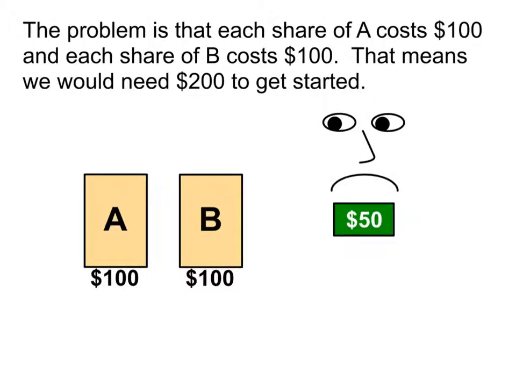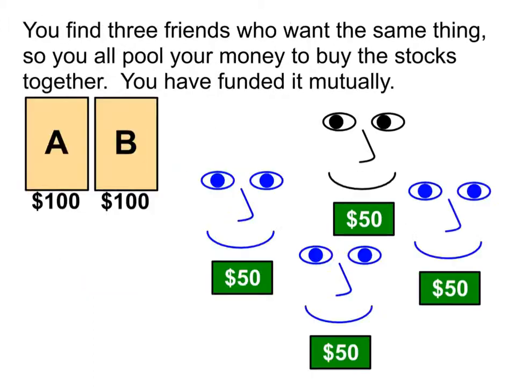The problem, though, is that stock A and stock B each cost $100 per share. And so when we have our $50, we don't have enough to buy even one share of A, let alone A and B. But there is a way around this.